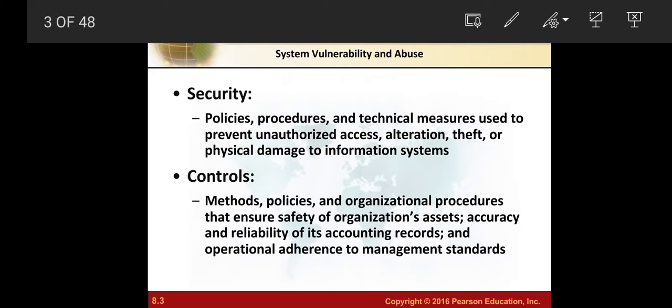Then we also have controls. These are methods, policies and organizational procedures that ensure safety of the organization's assets, accuracy and reliability of its accounting records, and operational adherence to management standards.